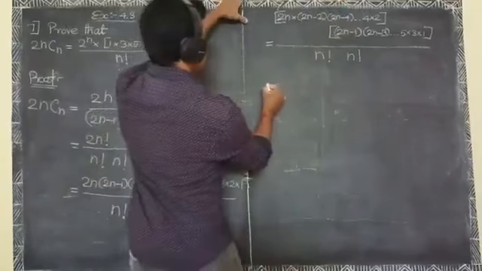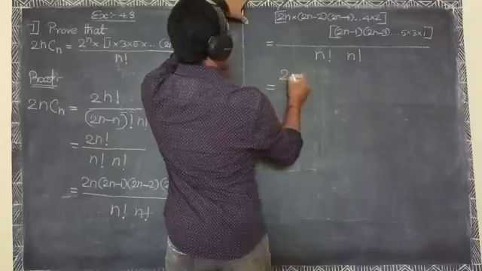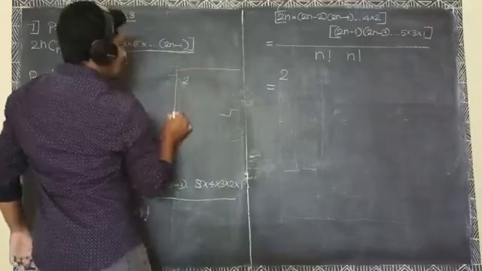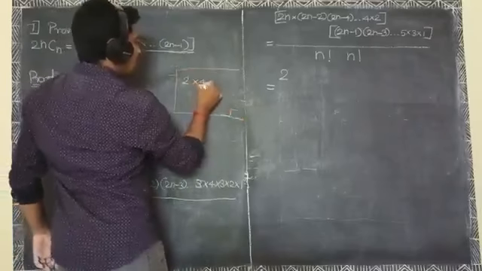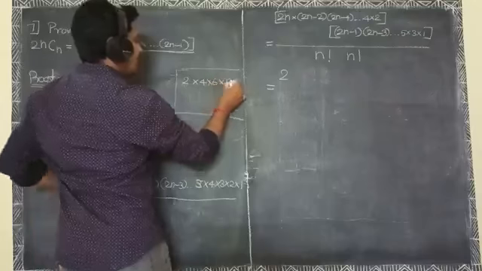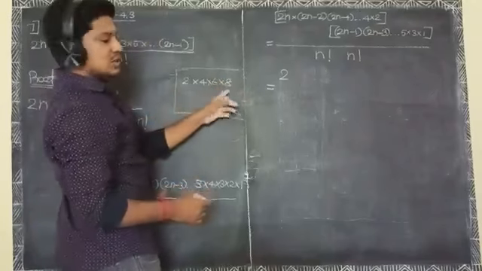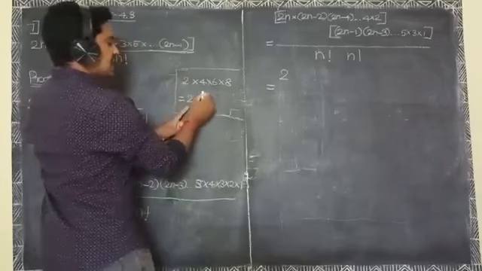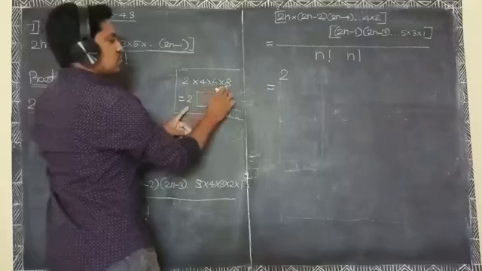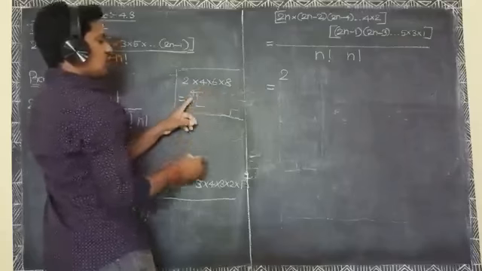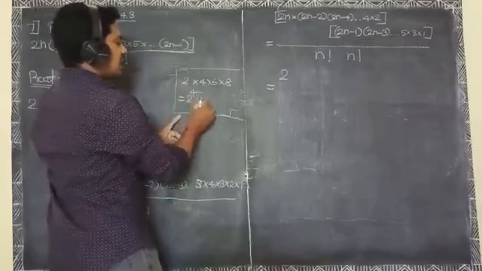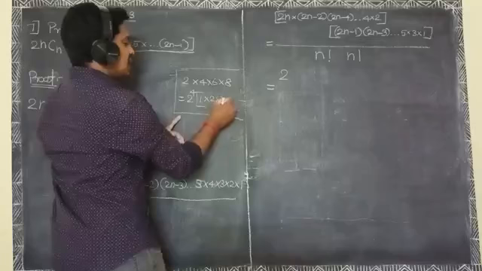For example, 2 into 4 into 6 into 8. We take only 4 numbers, the product of 4 numbers. We take 2 outside, that is 2 into 2 into 2 into 2, totally 4 numbers, which is 2 power 4 into the remaining 1 into 2 into 3 into 4.